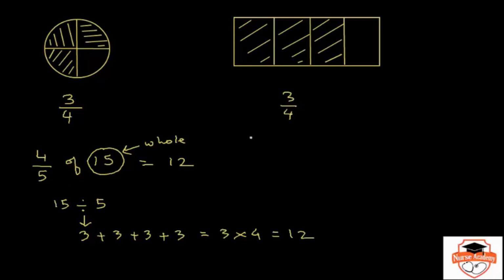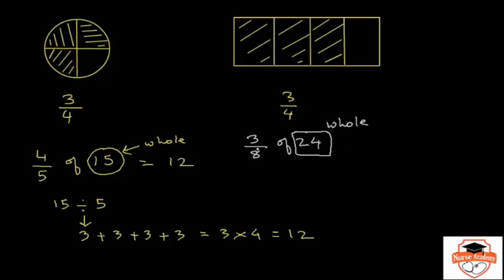Similarly, when we talk about 3/8 of 24, let's say there's a class of 24 students and 3/8 of them are girls. So we want to find out how many girls are there in the class. So the total or the whole is 24. Like I said, this is the whole.